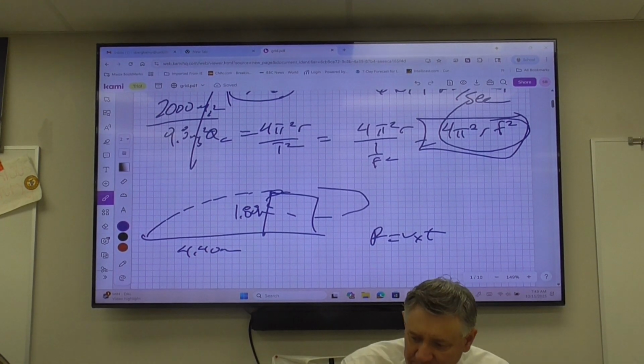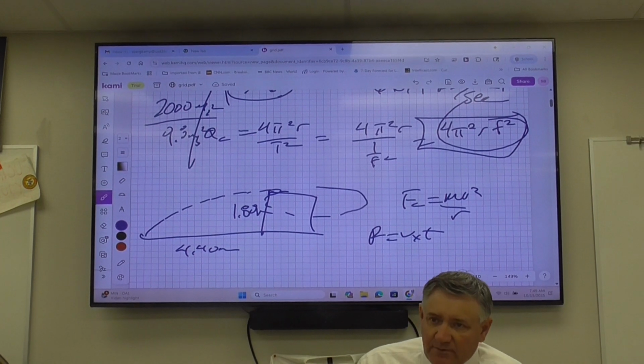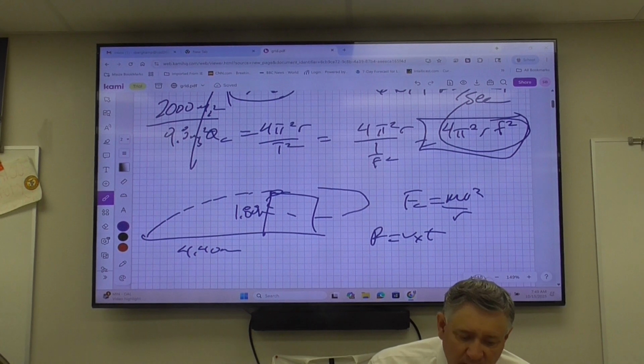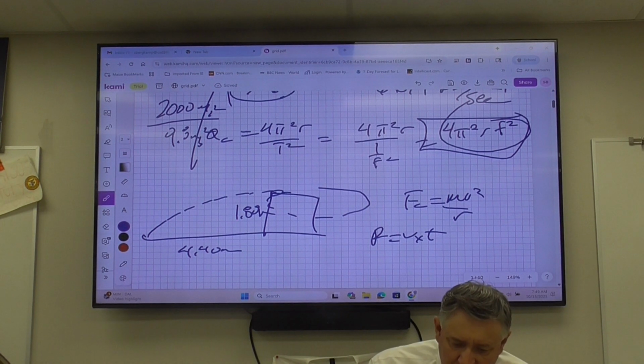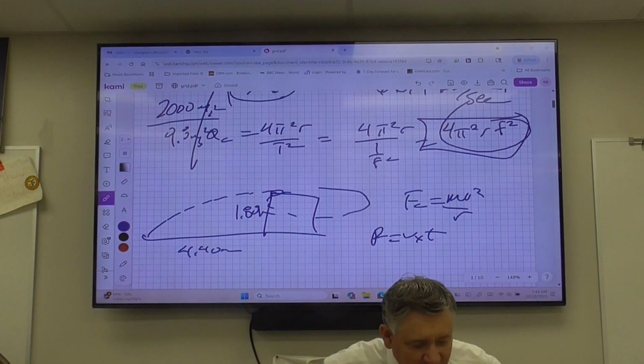Once you get that, your centripetal force is just mv squared over r. So if all goes well on number 11, when you're trying to find the tension, which is the centripetal force, that answer to number 11b should be something very close to your age. Not mine, your age.